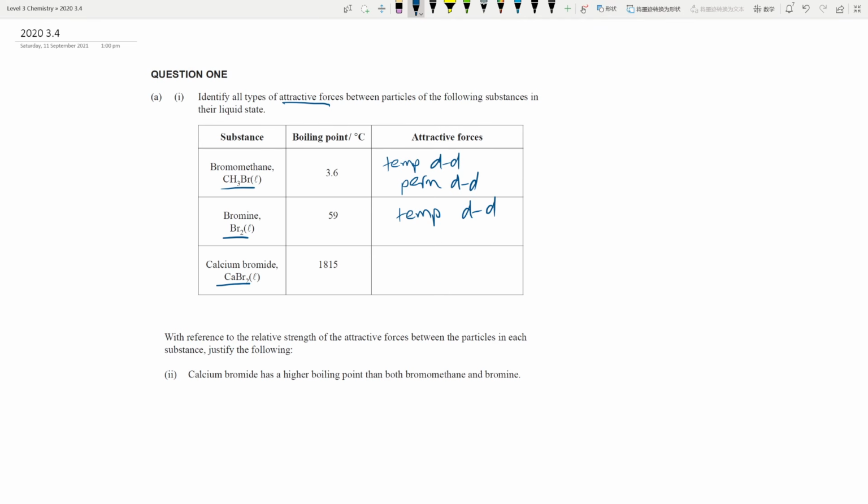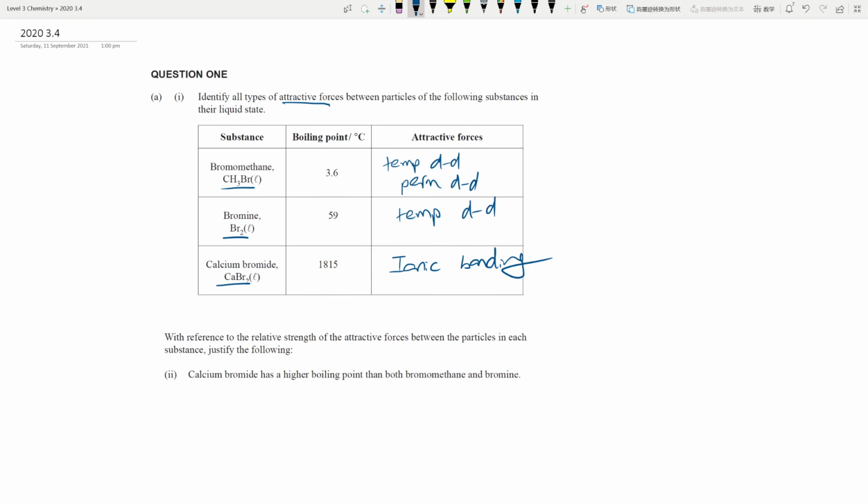Normally they just give you molecular solids, but calcium bromide, if you remember from year 12, is an ionic solid, so this has ionic bonding. So don't get too trigger happy and just go, oh, I know, everything has temporary dipole-dipole force of attraction, and so does calcium bromide. Well, it doesn't. It's an ionic solid.